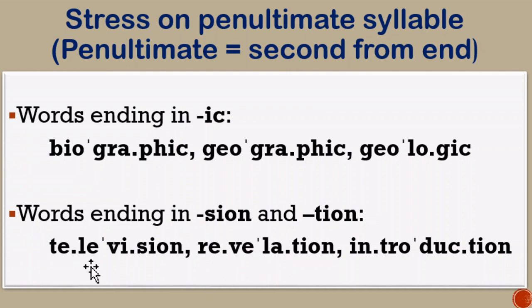This is a revelation. Let me give you an introduction. See how it works. So whenever it's a shun ending word, the stress is on the penultimate syllable, the syllable just before the last, the one preceding the shun sound.